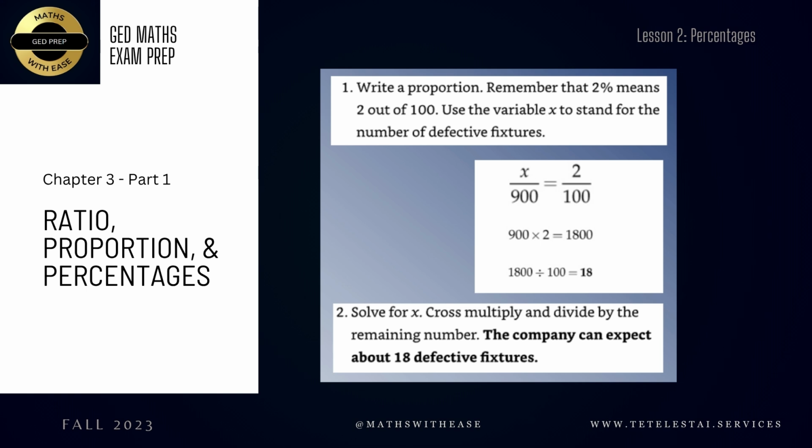Excuse me. And if you cross multiply to make sure that you found the right x, 18 times 100 is 1800. 2 times 900 is 1800. So because you have 1800 on both sides, you know that your answer here for x is correct.